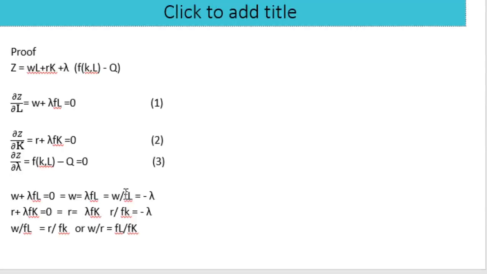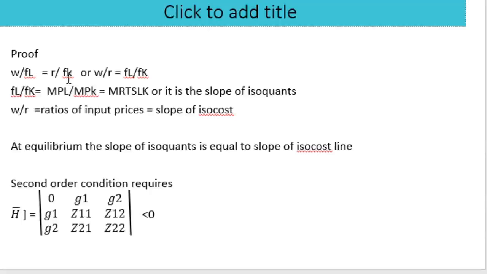Then W by FL equal to R by FK, both are equal to minus lambda. We can cross multiply this, take R to this side and FL to the other side, then W by R equal to FL by FK. Here W by FL equal to R by FK, or W by R equal to FL by FK.